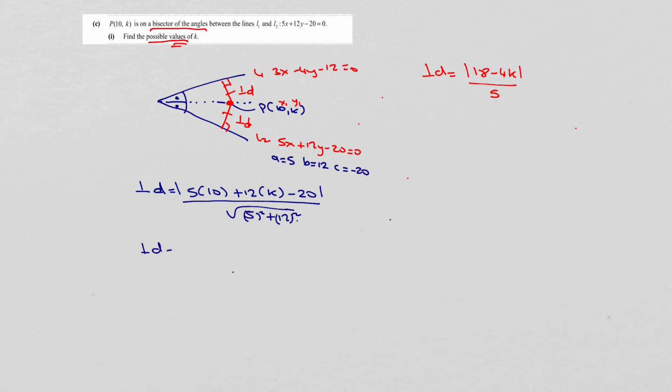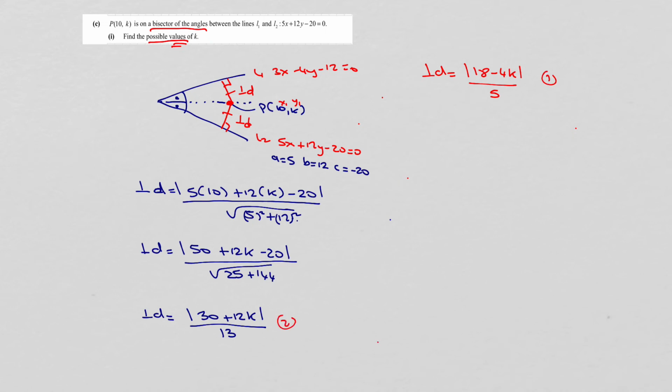So again, if I simplify the top line there, we end up with 50 plus 12k minus 20 all over the square root of 25 plus 144. So our perpendicular distance from P to L2 simplifies down then to 30 plus 12k all over the square root of 169, which is 13. So of course these two perpendicular distances have to be the same.